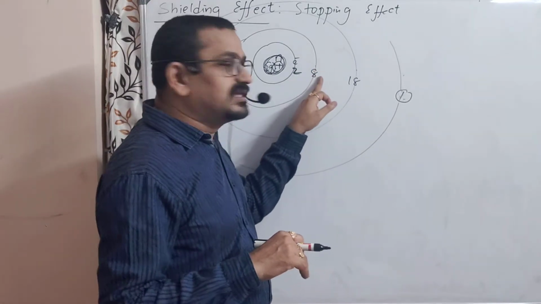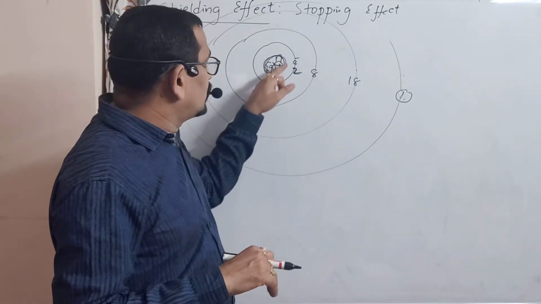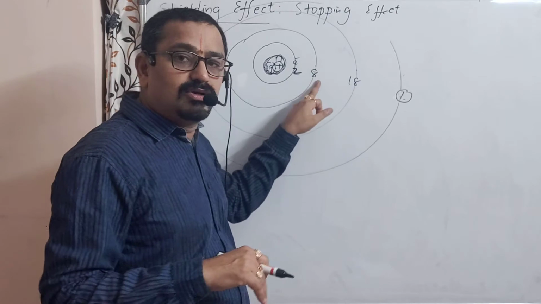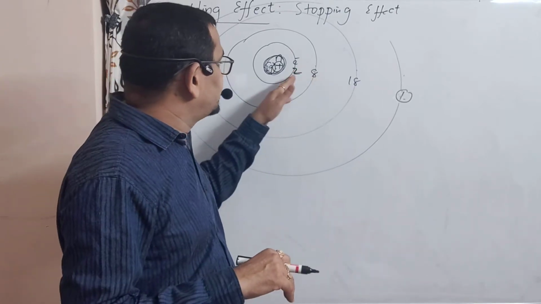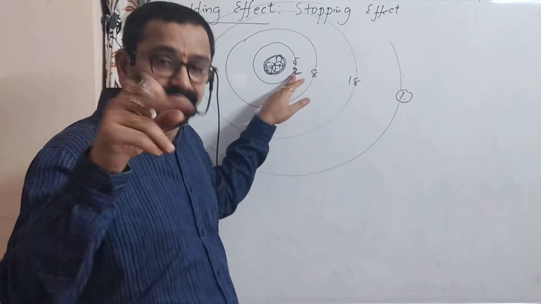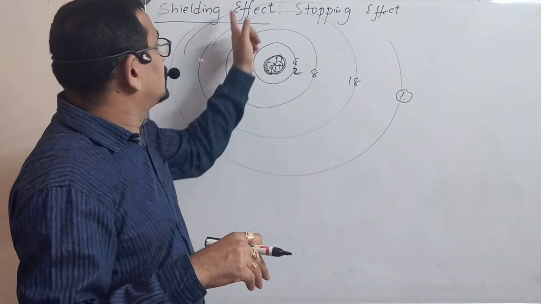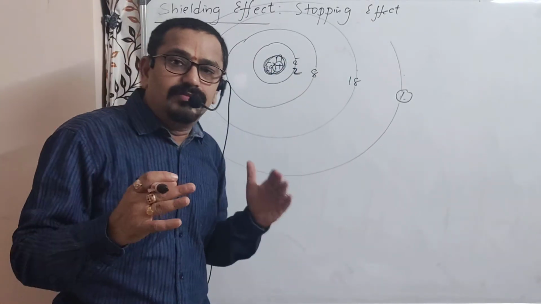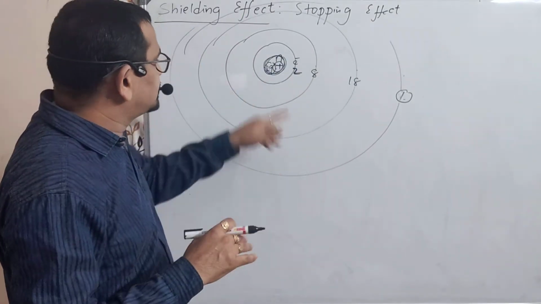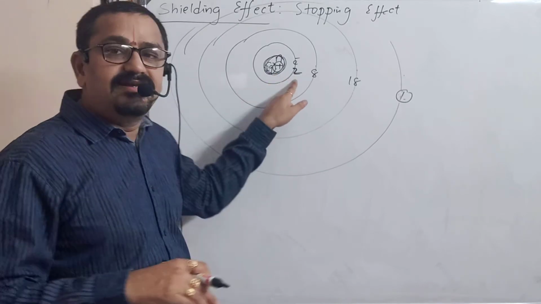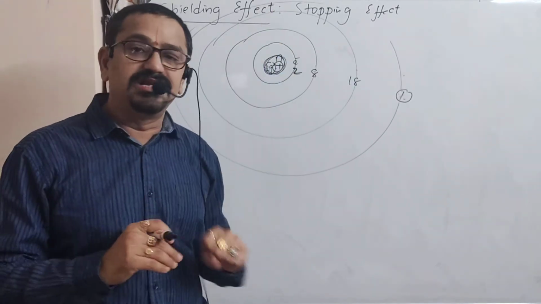Similarly, when it comes to the next shell electrons, the total nuclear attraction cannot be felt by these 8 electrons. A fraction will be shielded by the inner electrons. That effect is called the shielding effect. The phenomenon of stopping or reducing nuclear attraction by the inner electrons is called the shielding effect.